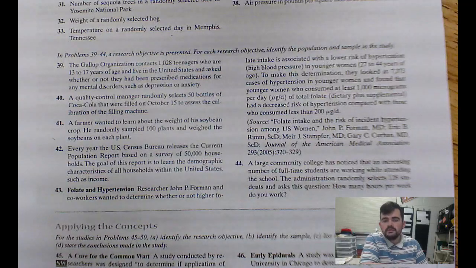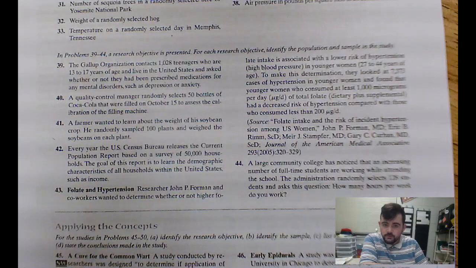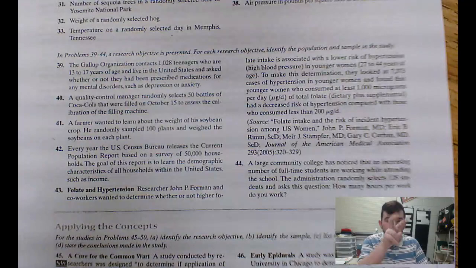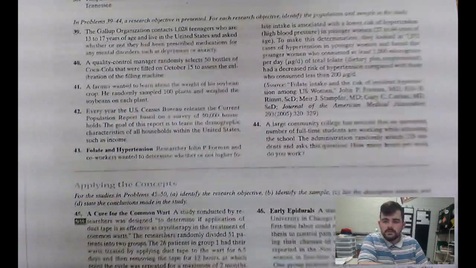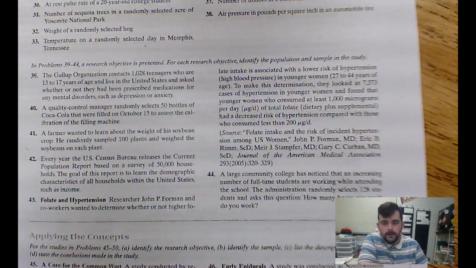Okay, so let me summarize this. They want to know whether or not taking this vitamin supplement called folate helps maintain lower blood pressure. So, the population here is kind of weird. It's all younger women aged 27 to 44. That is their population.